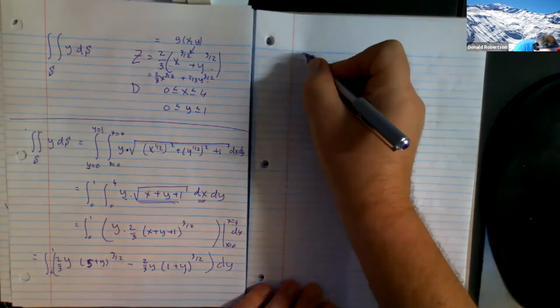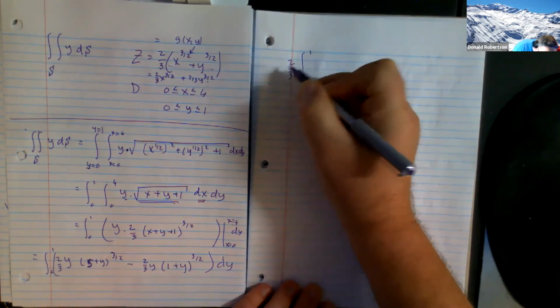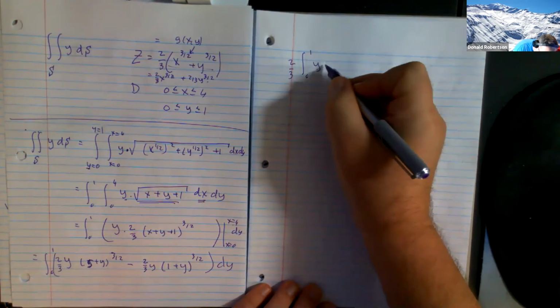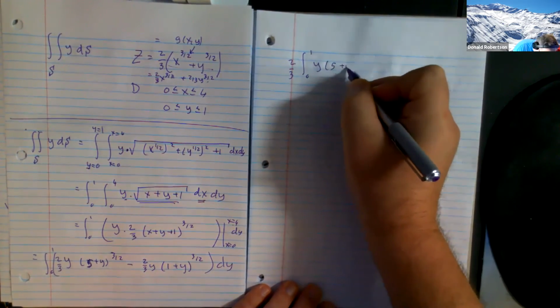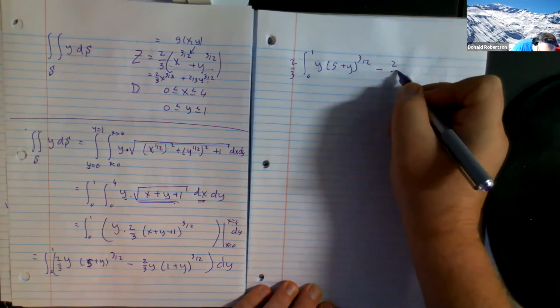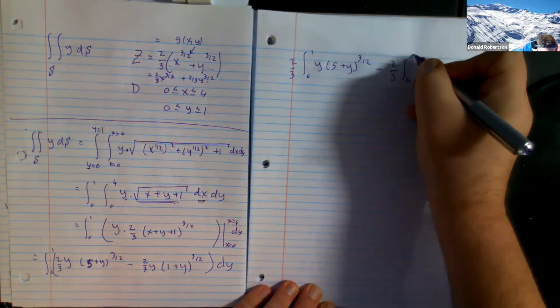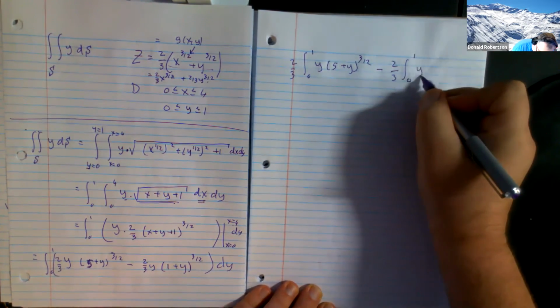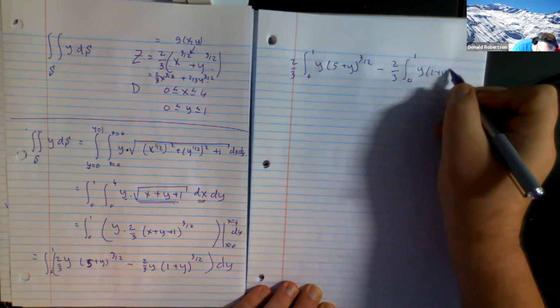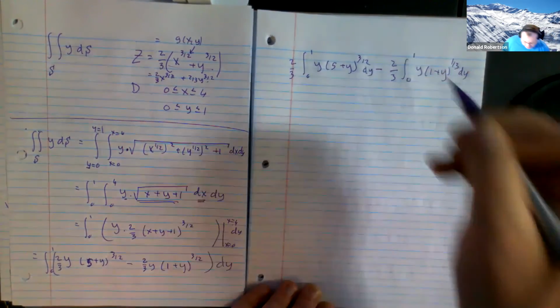I'm going to split this into 2 separate questions. I'll pull out the 2/3 because it's annoying. So I'm going to find that answer, and then I'm going to subtract the answer.